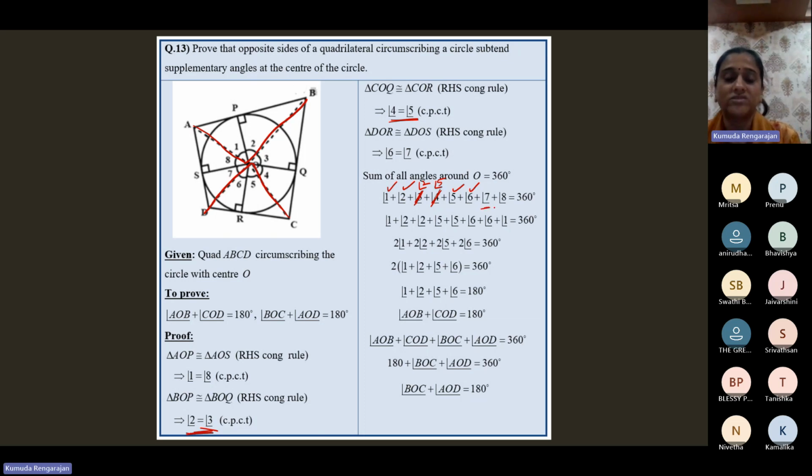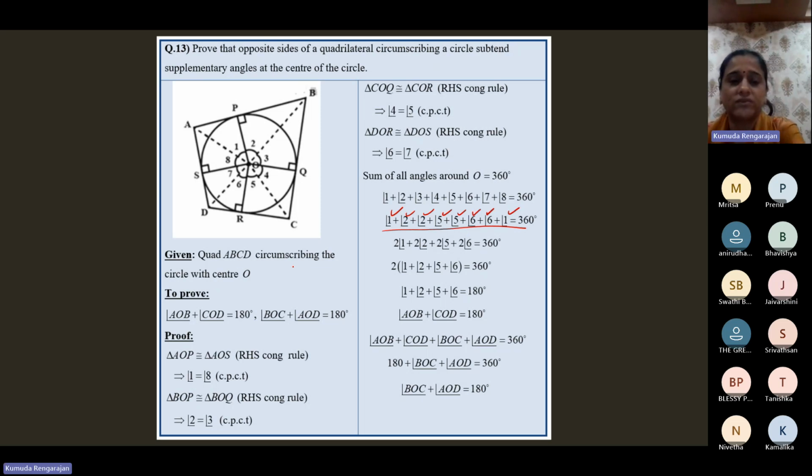We don't want 7. Instead of 7, 6. See here, 6. And we don't want 8. And instead of 8, angle 1. That's what is done in the next step. That's what you see here. You can see that there are only angles 1, 2, 5, and 6, 2 times.